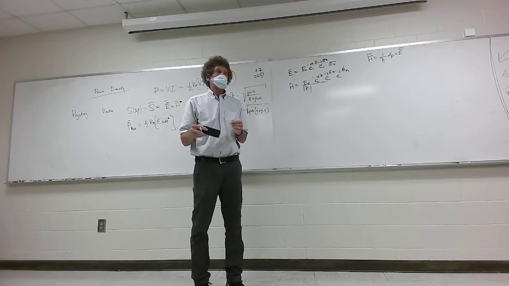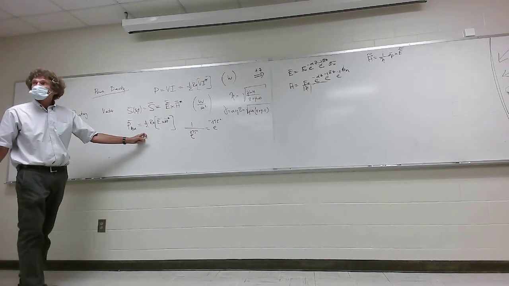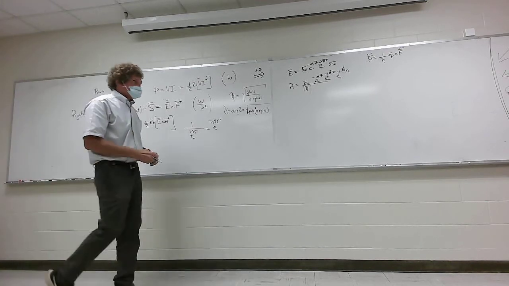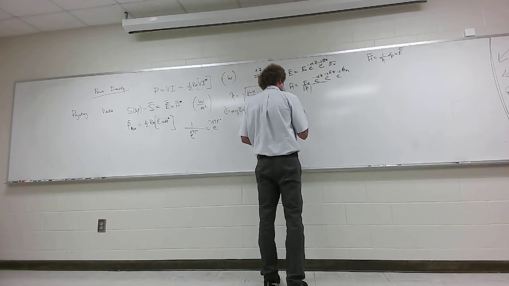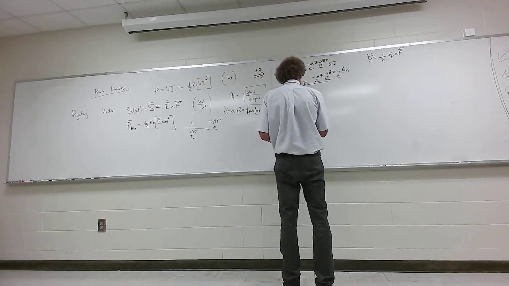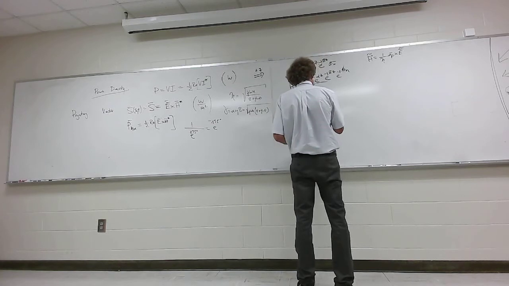Now we're going to turn the crank and just do this, and you're going to see a couple of things that are important. So when I say the average power, write this one down and start. Average power is equal to 1/2 the real part of E, right there.